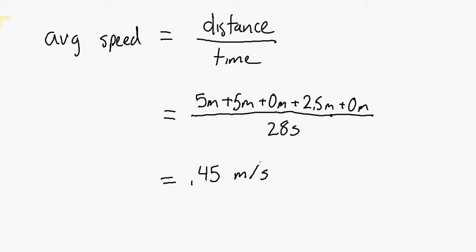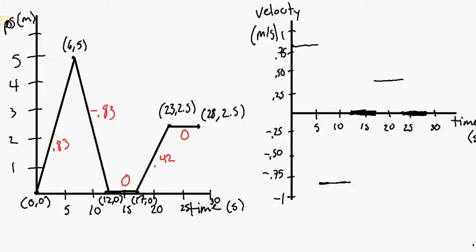One way that we can justify that is by looking at the graph, to show that the velocity at some of these points is negative. We can see that in the region between 6 and 12 seconds, we have a negative velocity, whereas all the other non-zero velocities are positive. When we're talking about average velocity, negative velocity will cancel out some of the positive velocity, which is why we end up with a value much closer to 0.